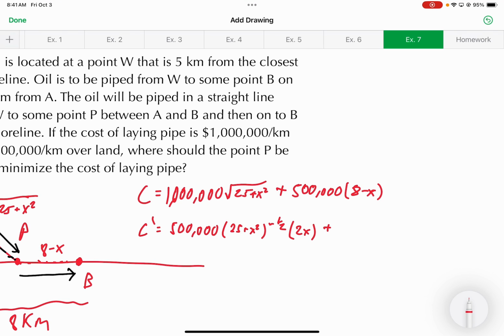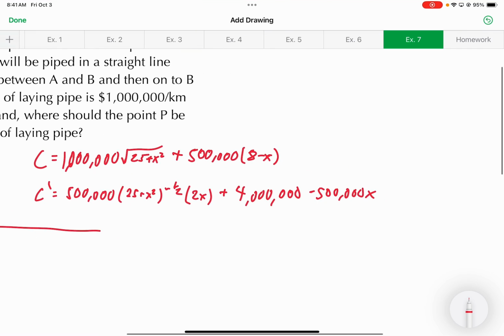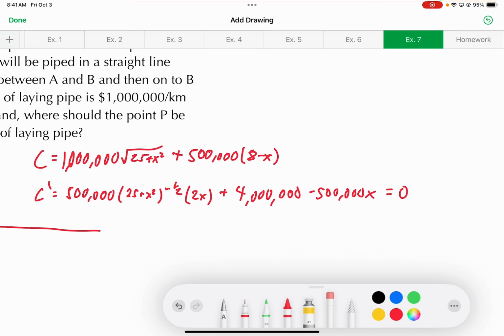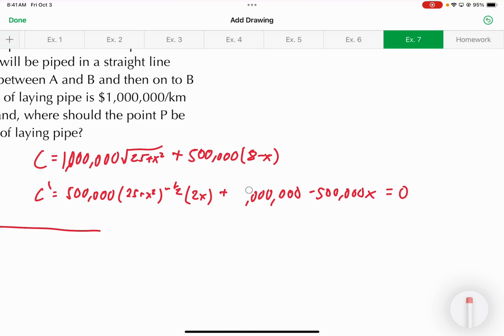Okay, and then 500,000 times 8 is going to give me, yes. Good. Now I got to set that equal to 0. Oh, yeah, sorry. I don't need that.